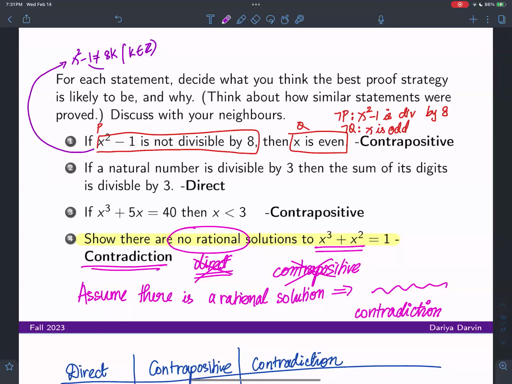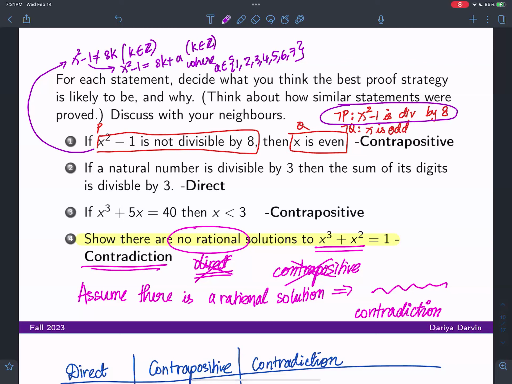Or in other words, you can say x squared minus 1 is equal to 8k plus a, where a is 1, 2, 3, 4, 5, 6, or 7, and k is an integer. Whereas P is so much easier to write mathematically. It just means x squared minus 1 is equal to 8k, where k is an integer.